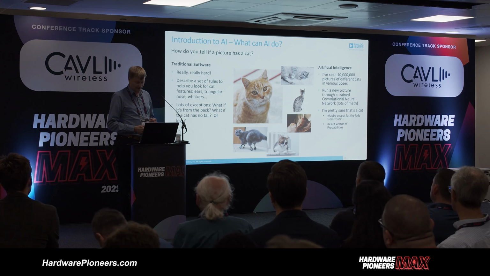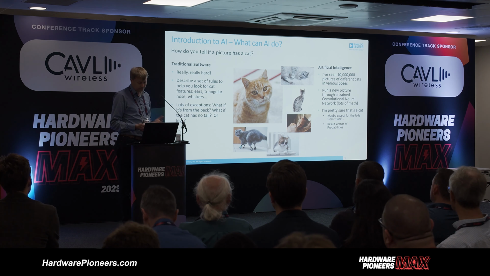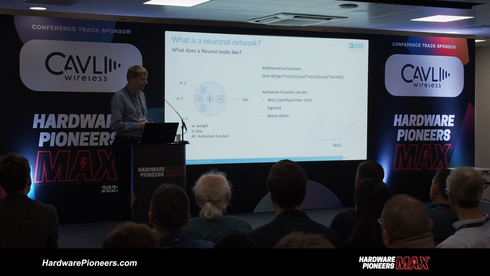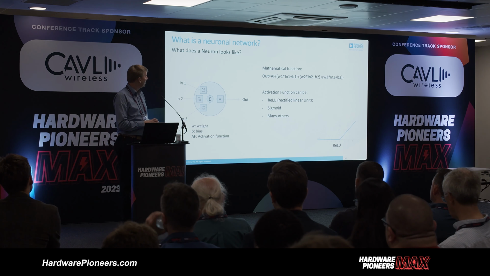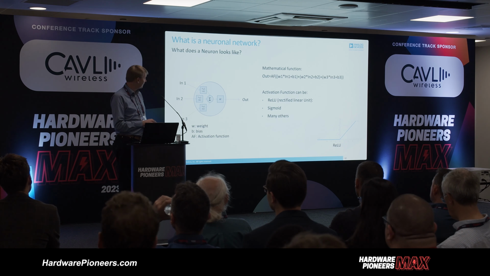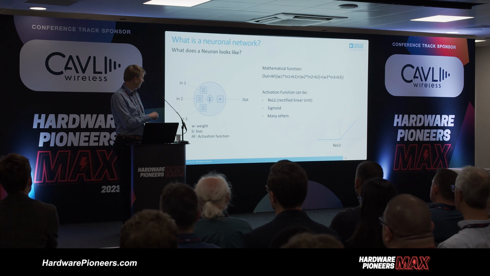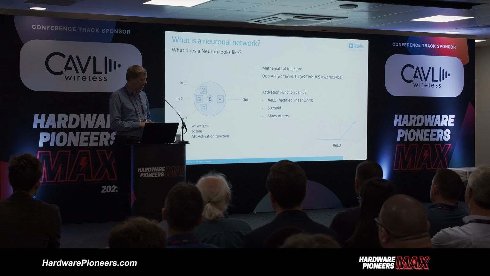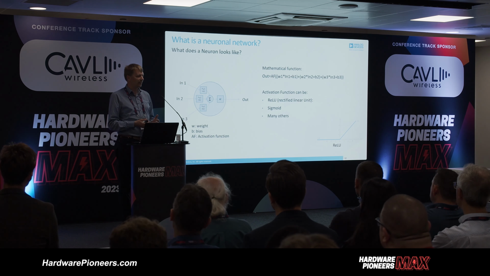So what's a neural network, or what's a neuron? Everything starts with a neuron. A neuron is like its biological pendant. It has a couple of inputs and one output, and it's nothing else than linear algebra, right?